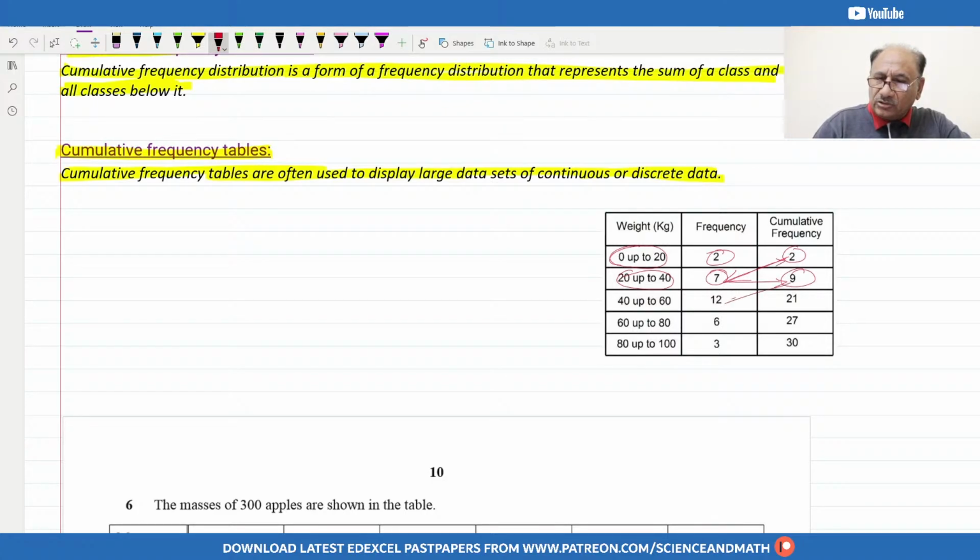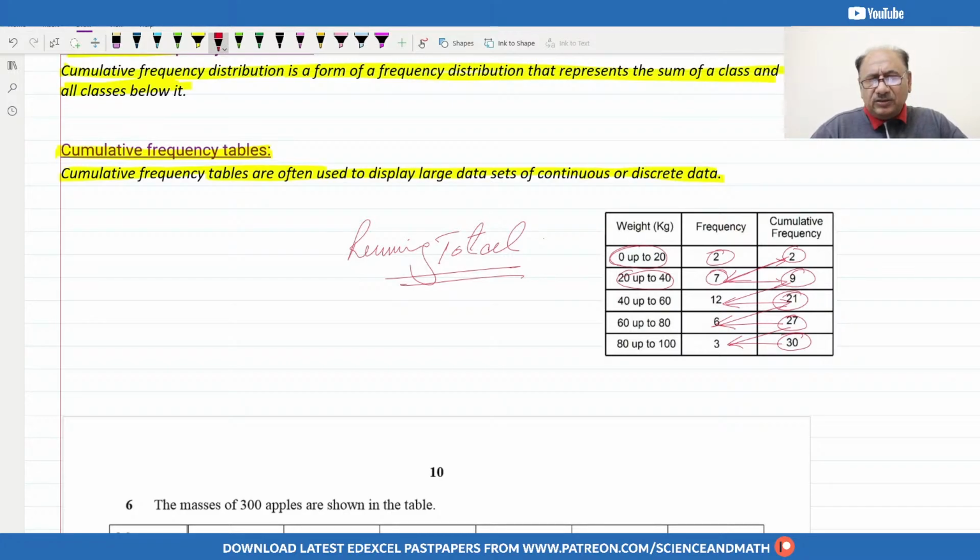So 9 plus 12 will result in 21. Similarly, 21 plus 6 will result in 27, and 27 plus 3 will result in 30. This is basically, you can say, a running total of previous classes also. So the running total is presented over here, which is known as the cumulative frequency curve.